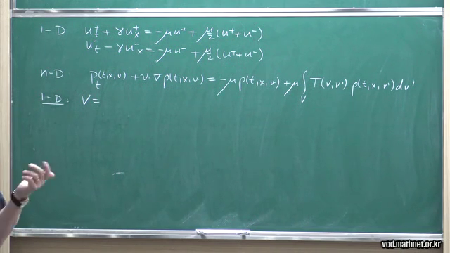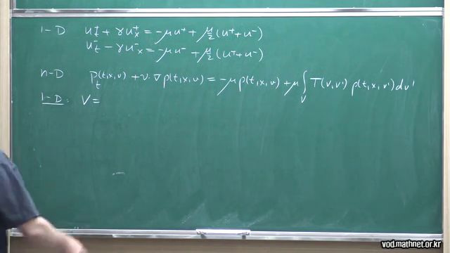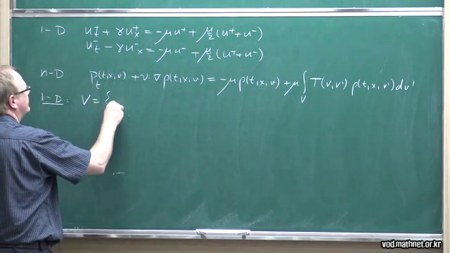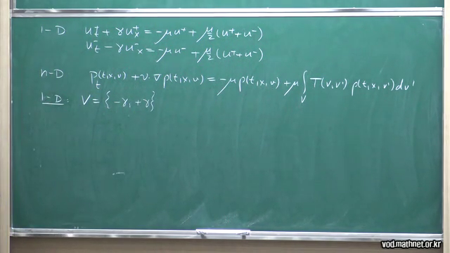How many velocities do we have in the 1D equation? 2, right? One going right, one going left. And the speed is gamma, so the velocities are minus gamma and plus gamma. So the set V is just 2 elements, plus minus gamma.